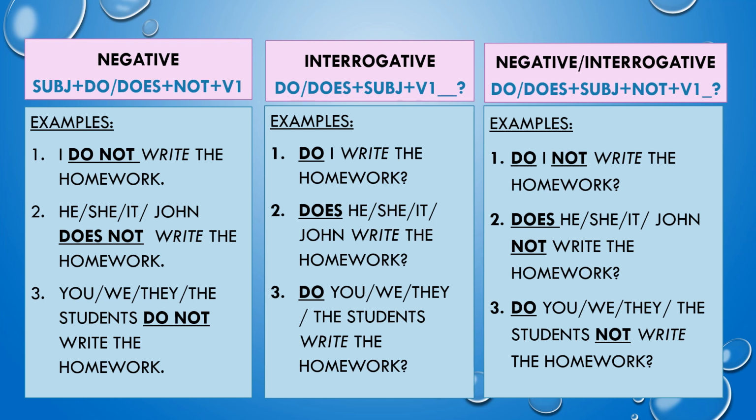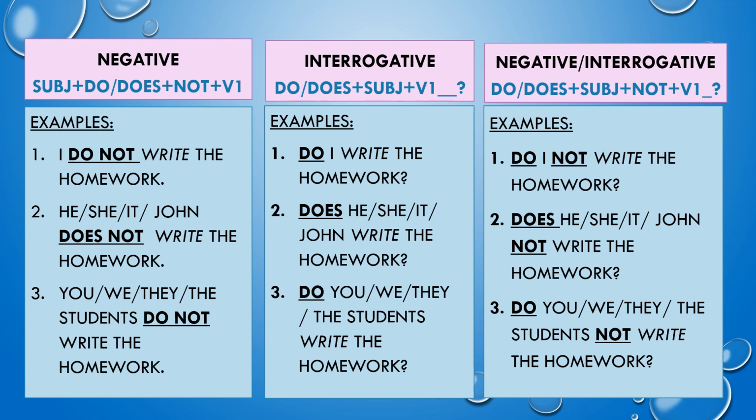If we look at the examples given, examples number 1 each, we have to use do with I. Alright? Do not use does with I. Or in the third sentences in each column, you, we, they, or plural nouns, we have to use the word do with a negative or an interrogative or a negative interrogative sentence.